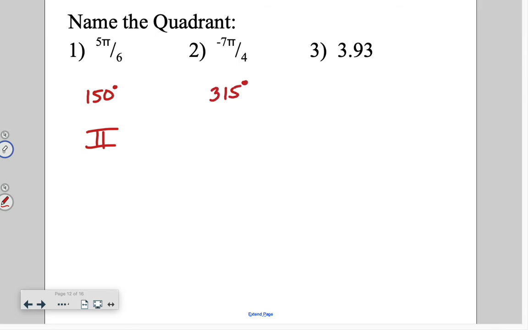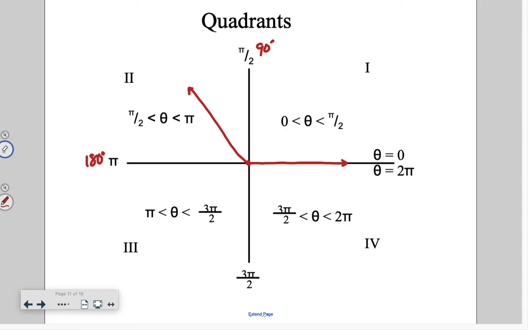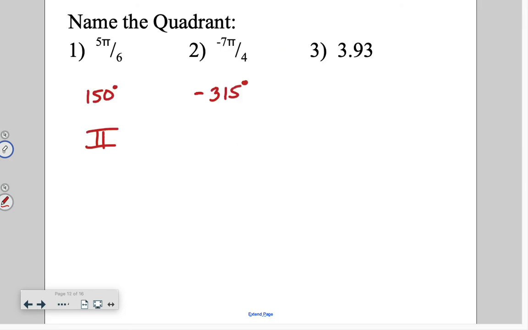You get 315 degrees, but don't forget we're going the other way, which means we are going 315 degrees, but remember the negative means I'm going in this direction. So it actually puts you back in quadrant number 1. Okay? 315 would have put you in quadrant 4, but because I went the opposite way, because of that negative, that's what that tells you to do. It puts you in quadrant 1.